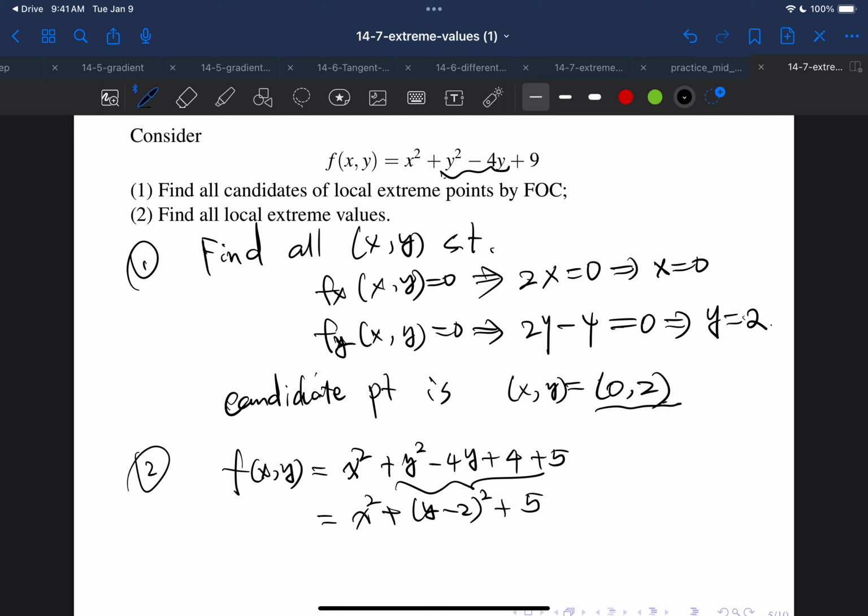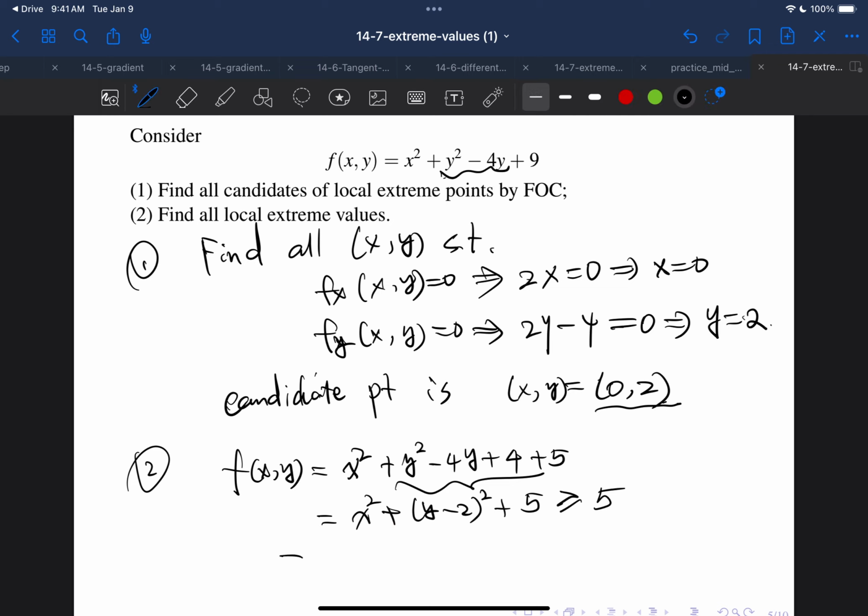Then we know that x squared, any number squared, is non-negative. This is also non-negative. So the first two terms are greater than or equal to 0. So eventually f of x, y is greater than or equal to 5, no matter what x, y is, because the first two terms are greater than or equal to 0. And this inequality becomes equality if and only if the first two terms are both 0.